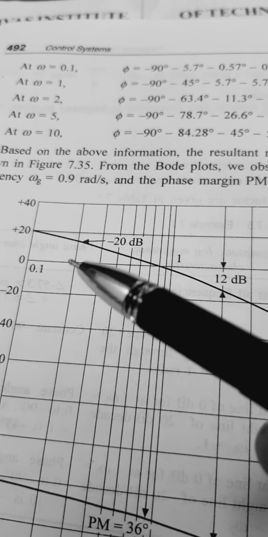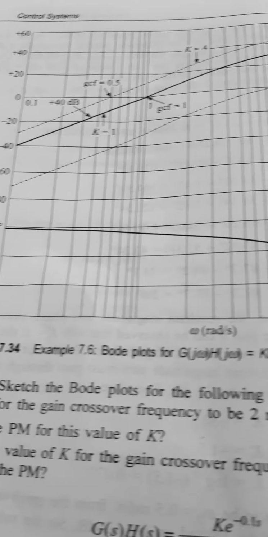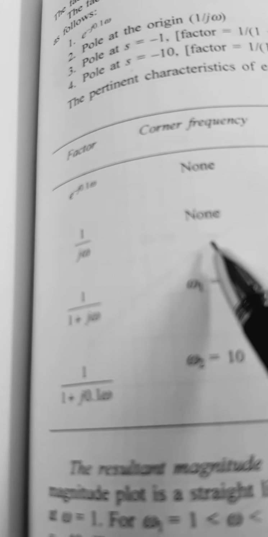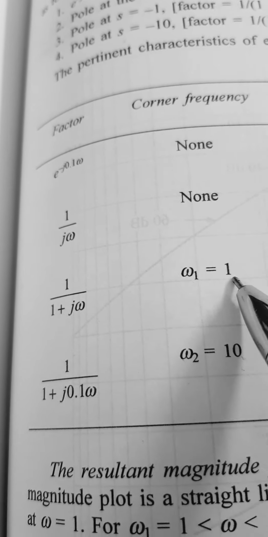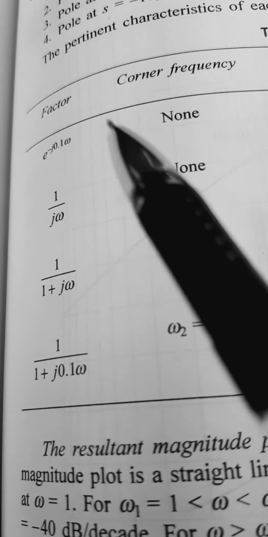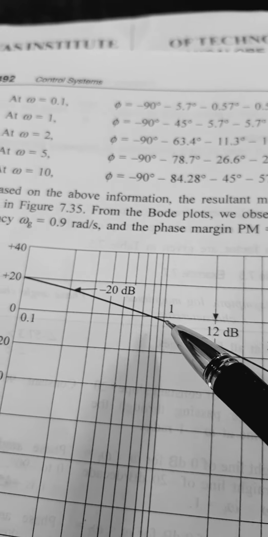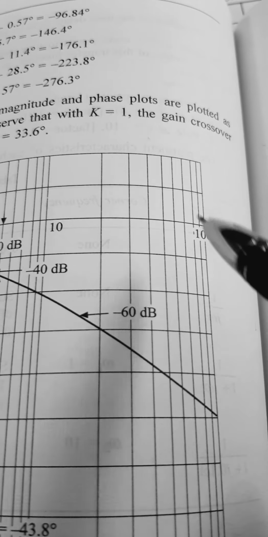So now starting from 1 by j omega, which does not have a corner frequency, we will draw this one, and it will cross omega equal to 1, and the next corner frequency is omega equal to 1 only, so we can draw till omega equal to 1 with a slope of minus 20 dB per decade. So here this is omega equal to 1, this is 0.1, then here it is 10, this is 100.